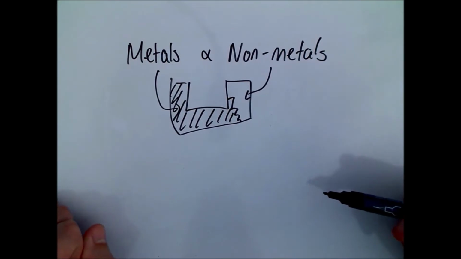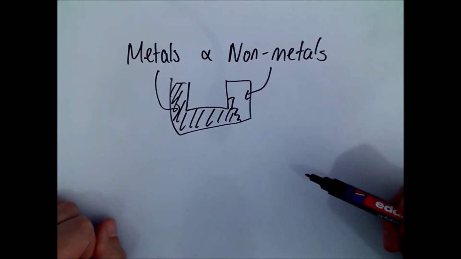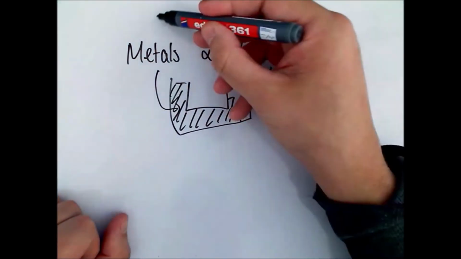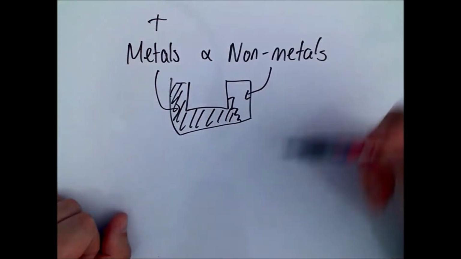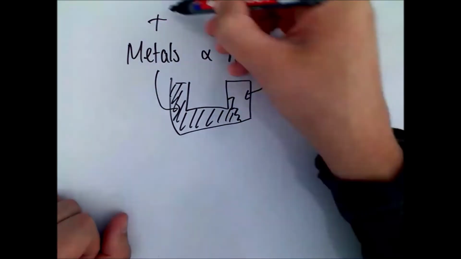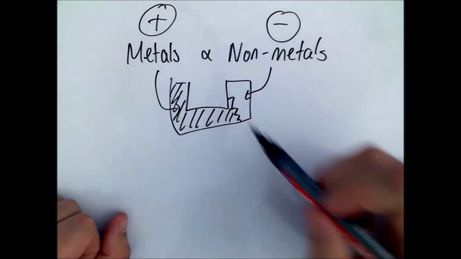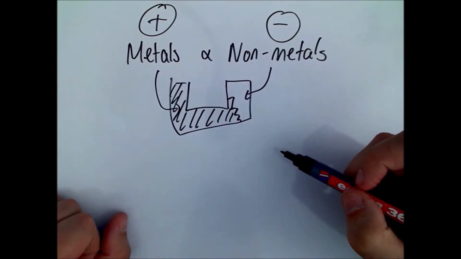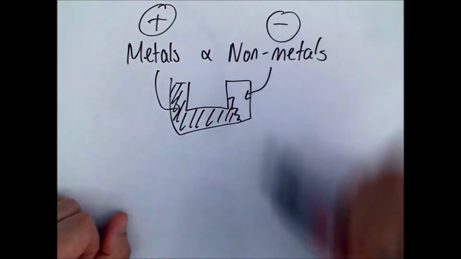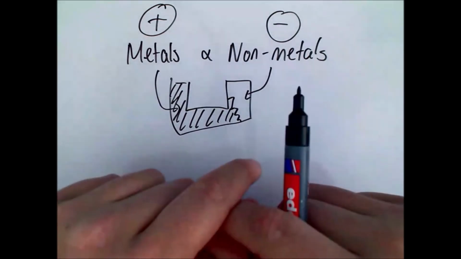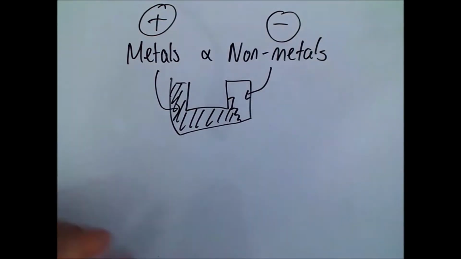From last lesson when we looked at ions, we knew that the metals formed the positive ions and non-metals formed a negative ion. And it's that opposite charge, similarly to what I was talking about with the magnets, that sticks them together and holds them together. It's because they're oppositely charged, like a north and a south pole sticking together. So let's have a look at an example.